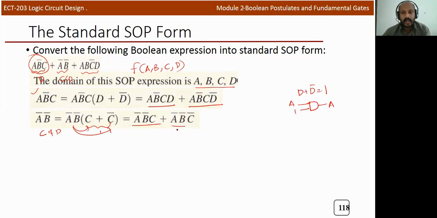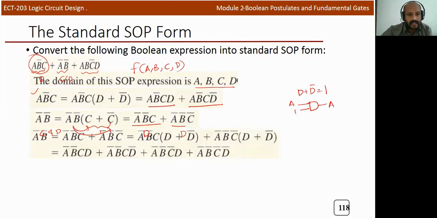Now we can see that in this particular expression D is missing, and here also D is missing. So again, we need to add a term which contains D. In order to add D terms, we will use D plus D bar in these two terms.